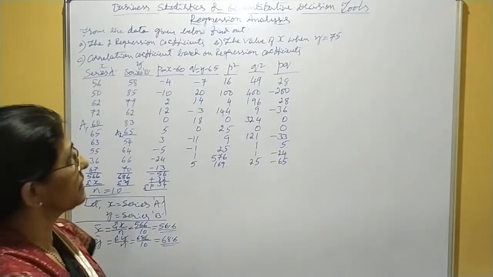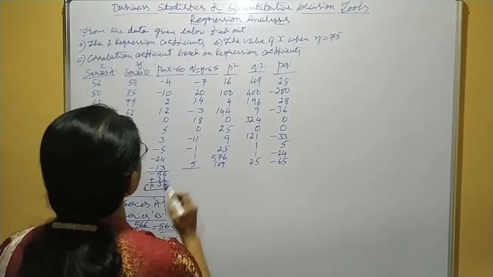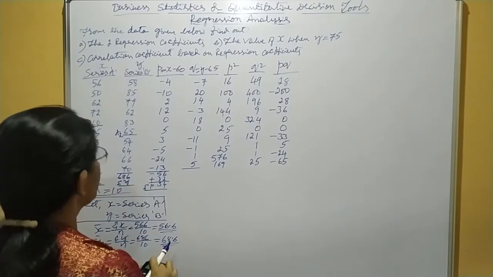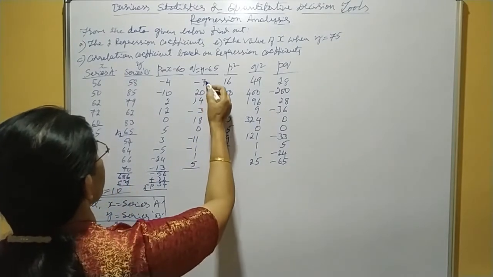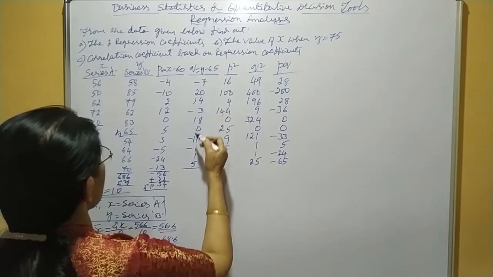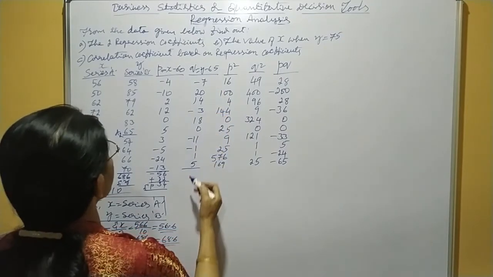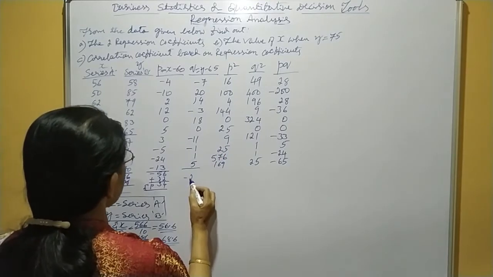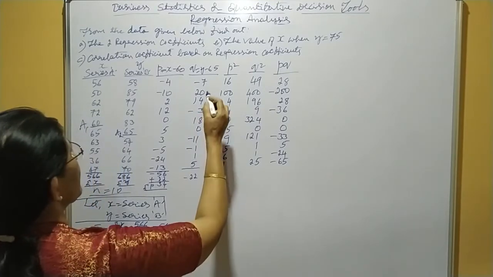Sigma P is 34. In the same manner, take sigma Q, that is minus 7, minus 3, 10, 21, 22, minus 22, then plus values.